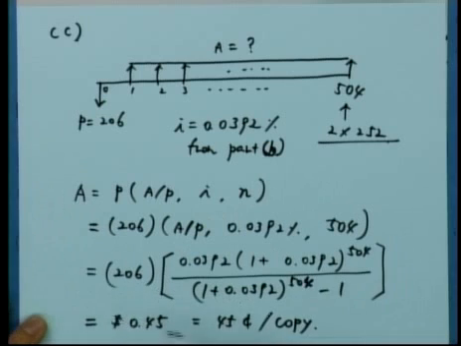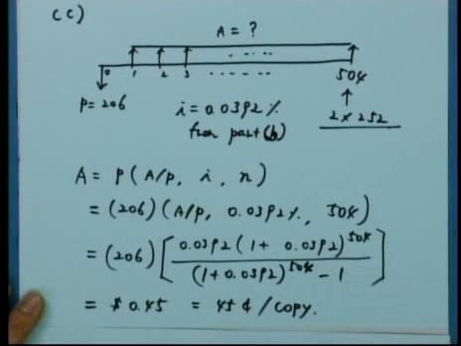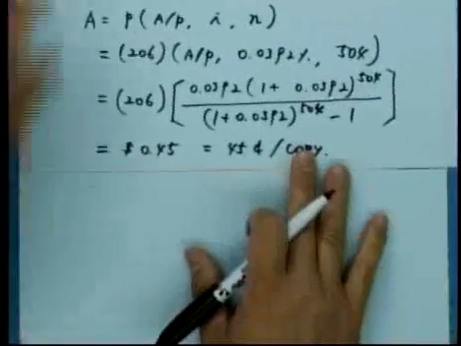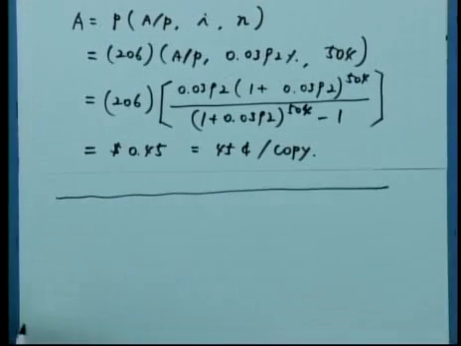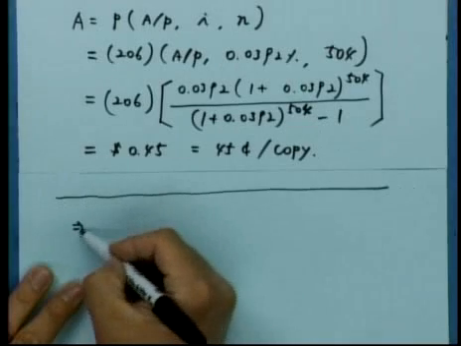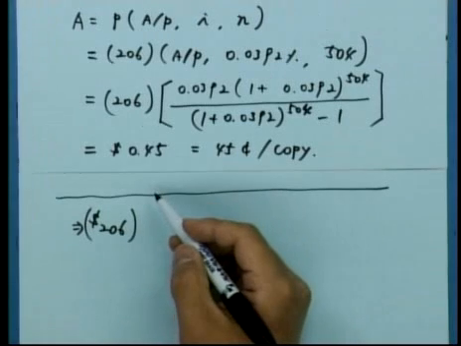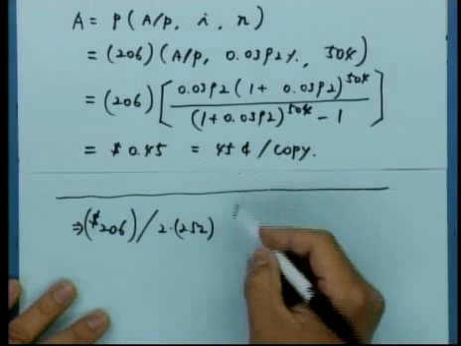So this is the subscriber's cost per copy, that is 45 cents. Okay. And to check, if you ignore the interest, the cost per copy would be how much? $206 divided by 2 times 252, right?